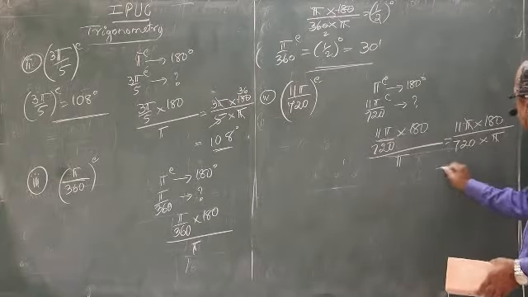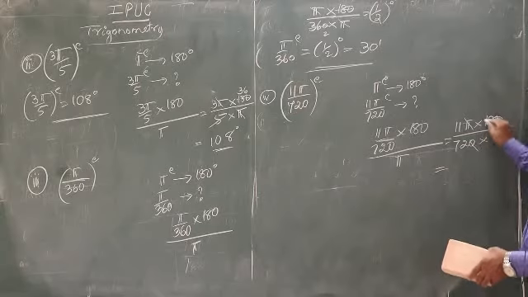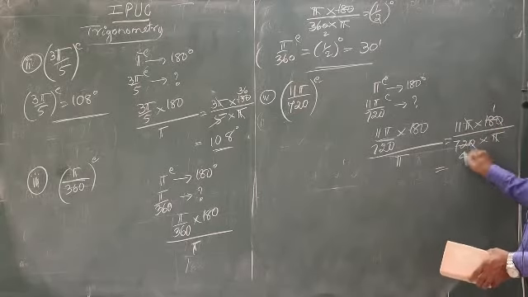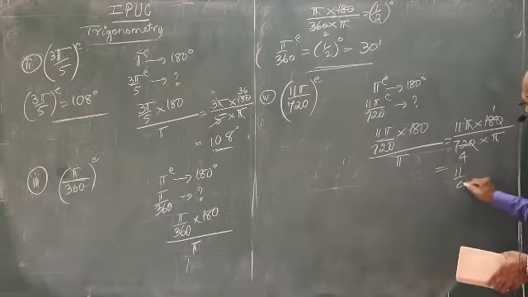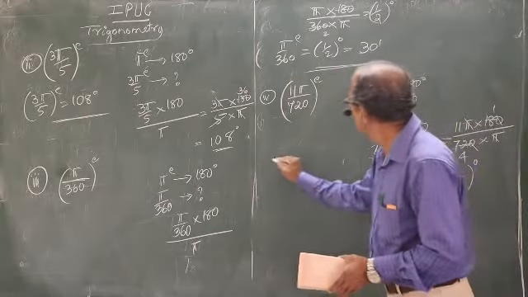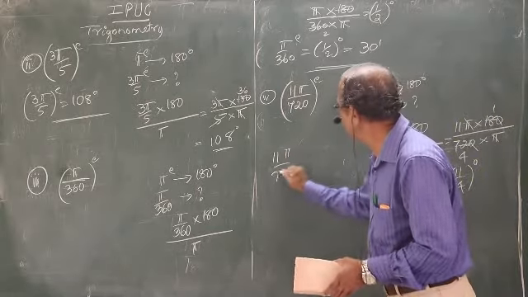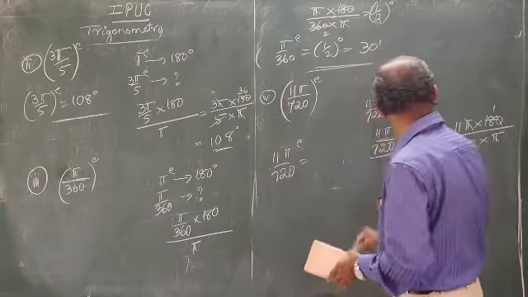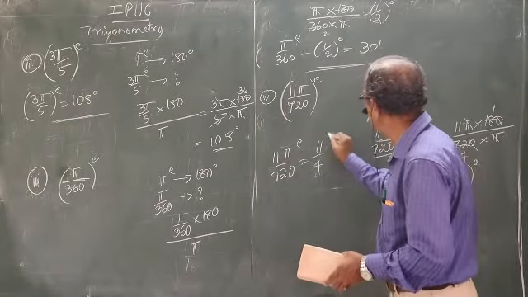Pi cancels. 180 into 4 is 720. 11 by 4 degree. 11 pi by 720 radian equal to 11 by 4 degree.